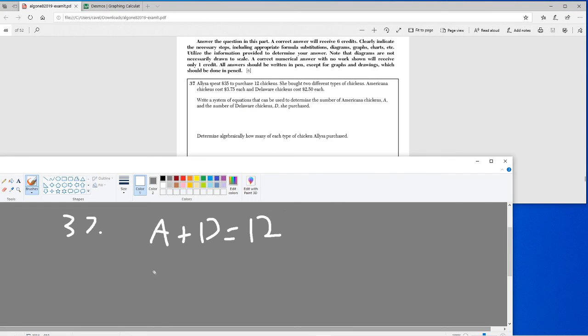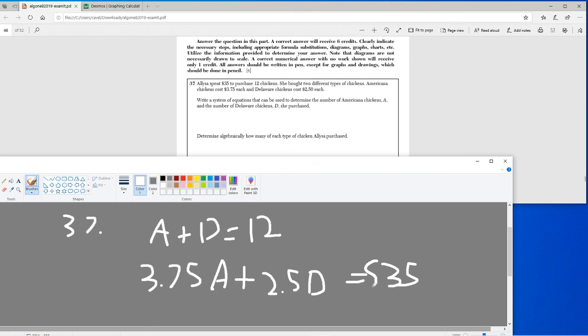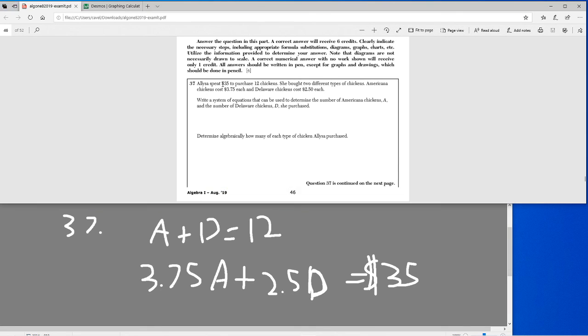The American chickens are $3.75 each, so 3.75 times A, plus 2.50 times D, is equal to 35, because she spent $35.